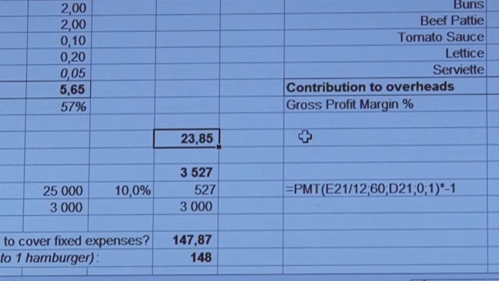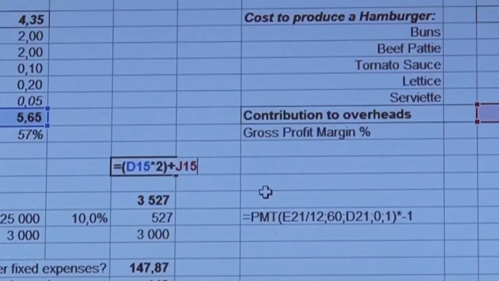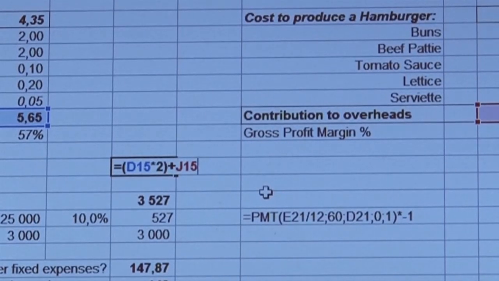It means the contribution to overheads of 1 hot dog, or 2 hot dogs in fact, plus the contribution to overheads of 1 hamburger. That's the contribution of our sales mix, 2 hot dogs to 1 hamburger. So if we sold those together, 2 hot dogs, 1 hamburger, we'd be contributing towards overheads of 23 Rand 85.